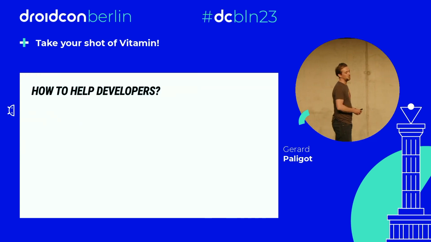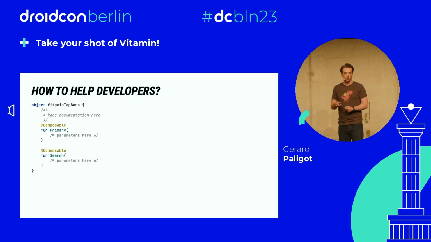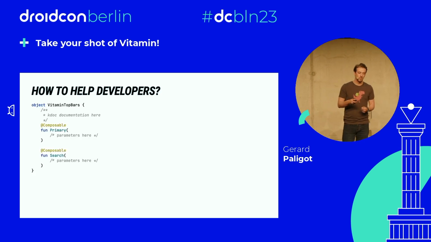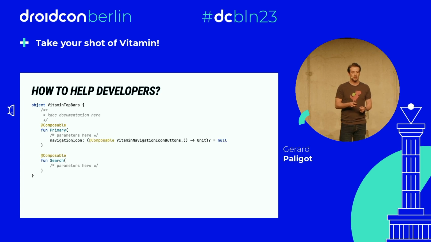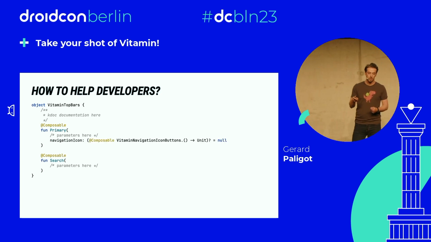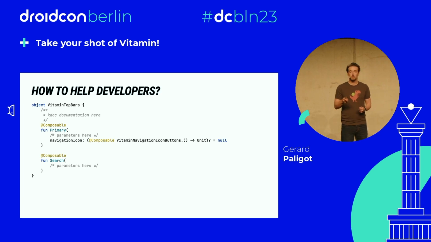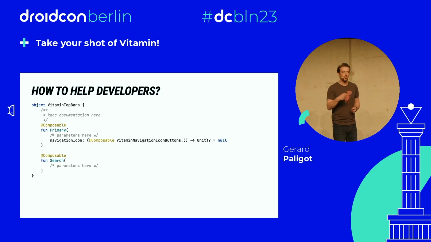Again, we did a lot of work on the contract of our composables to be able to help the developers. Here you can find again the VitaminTopBars object class, and inside the primary function I have a parameter called navigationIcon, which is an API slot because I want to have a composable call inside, but with a scope named VitaminNavigationIconButtons.